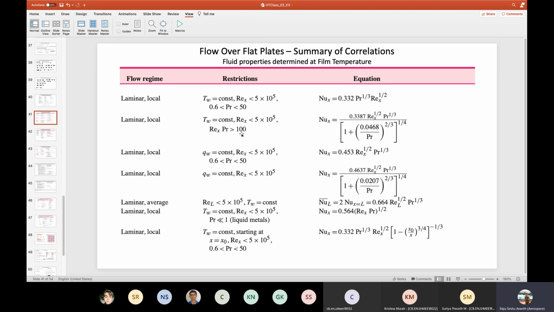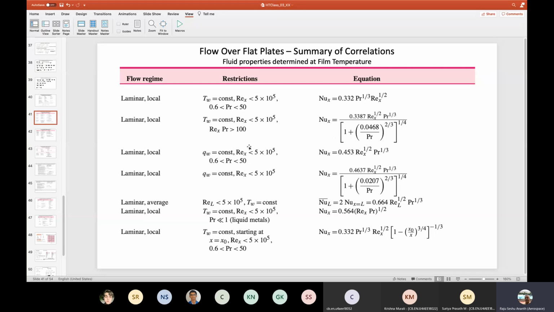Typically for oil, it will be much bigger. So for oil, because the Prandtl number is high, the viscous dissipation cannot be ignored. In the integral equation, you cannot ignore the viscous dissipation, so you may have to consider that. So the Nusselt number is given, and this is the correlation for that condition.